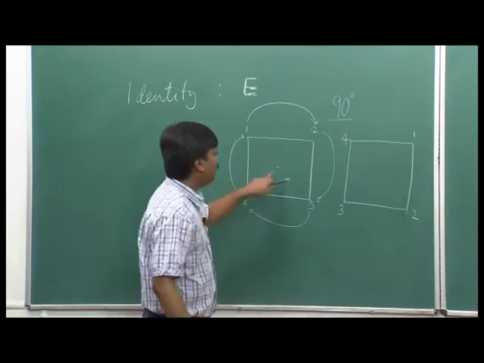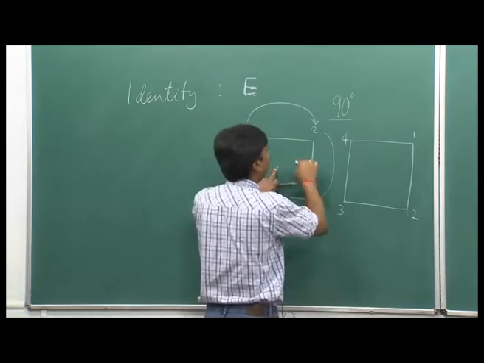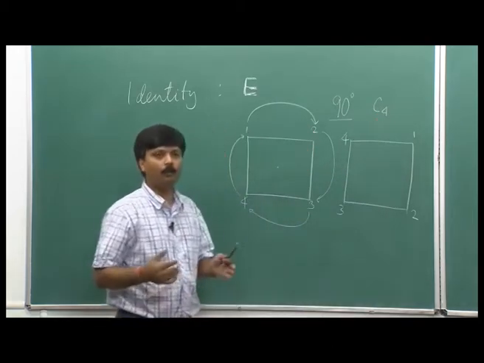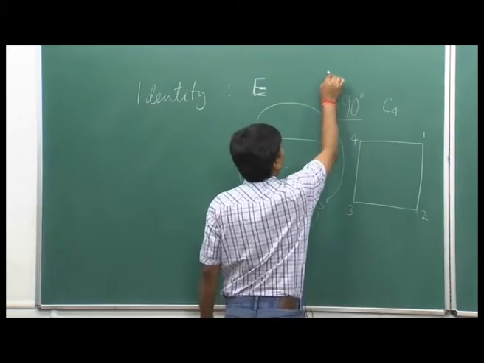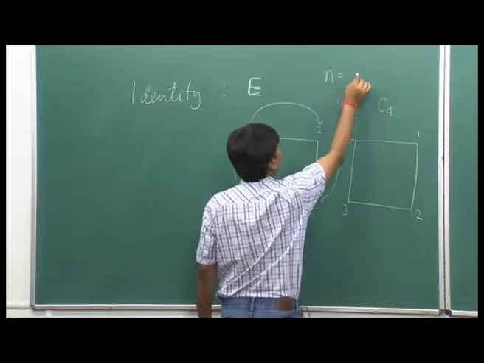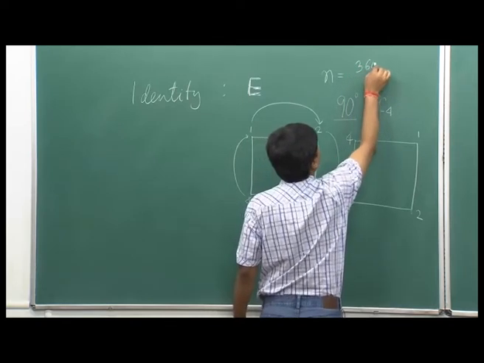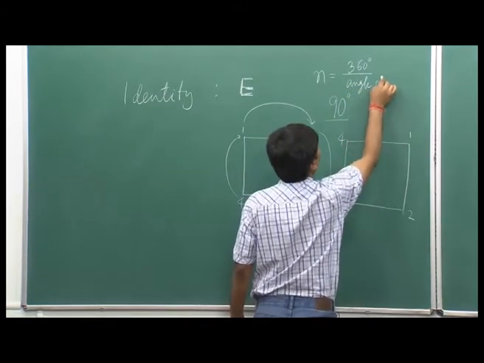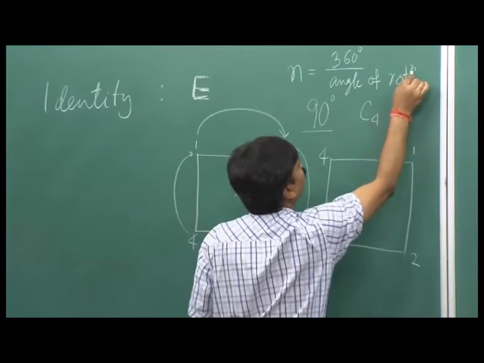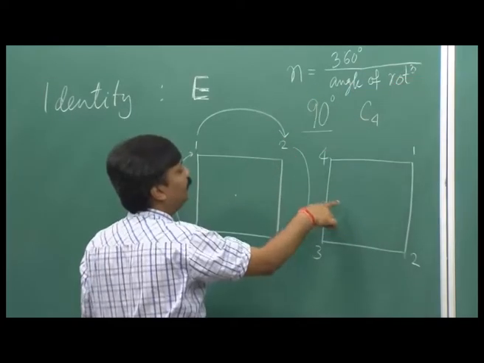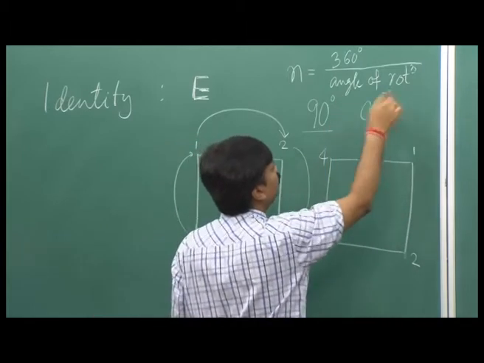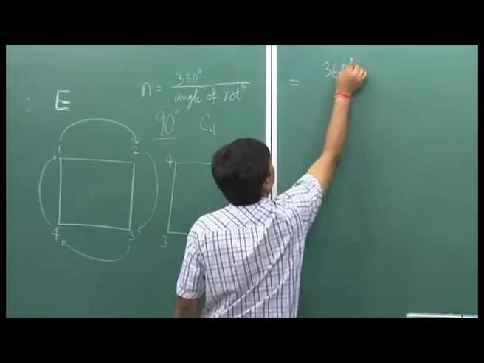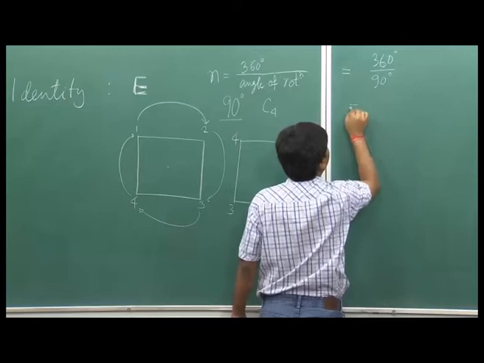Okay. So, this axis, this Cn here, is known as C4, and 4 comes from this relation where n is equal to 360 degrees divided by the angle of rotation, right. Here the rotation is 90 degrees, so n is 360 degrees divided by 90 degrees, equals 4.